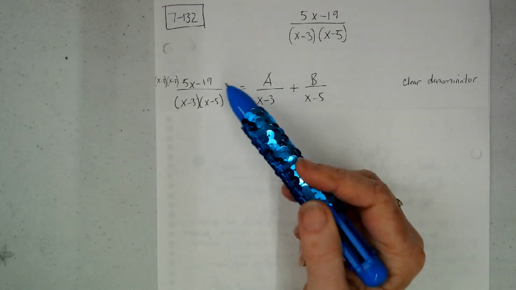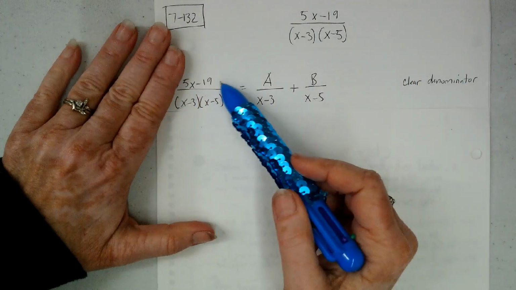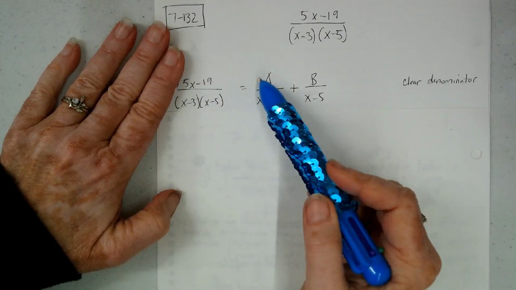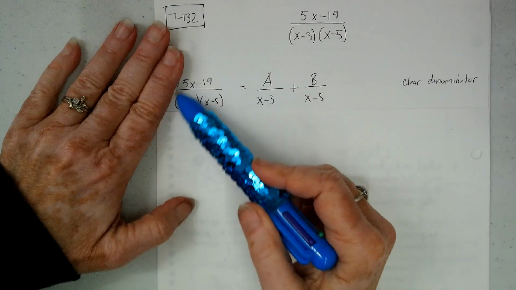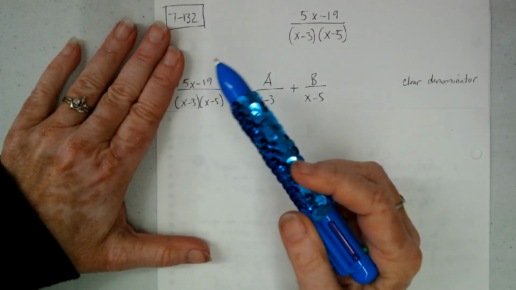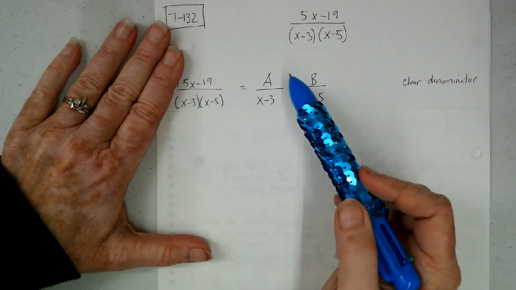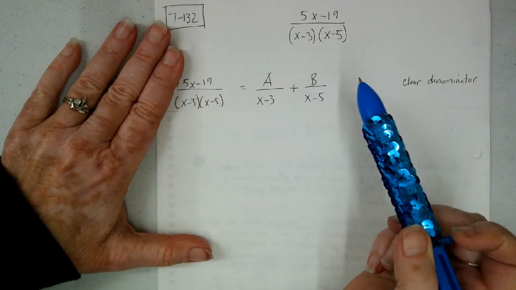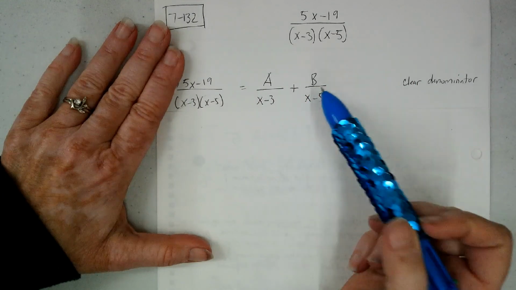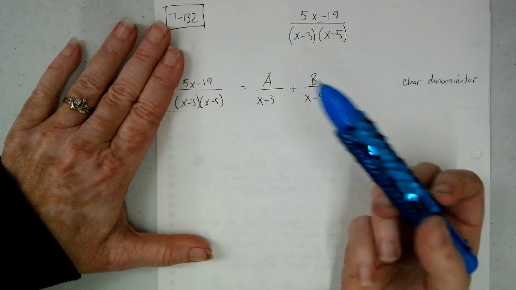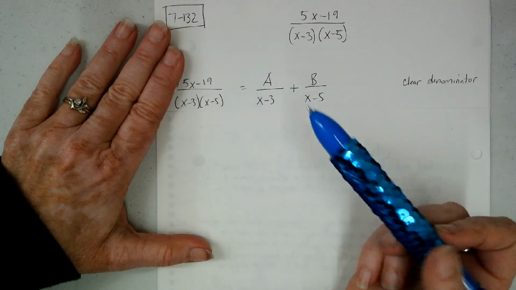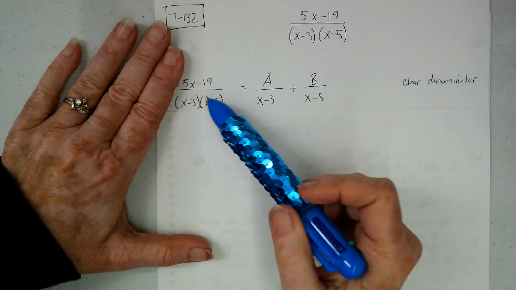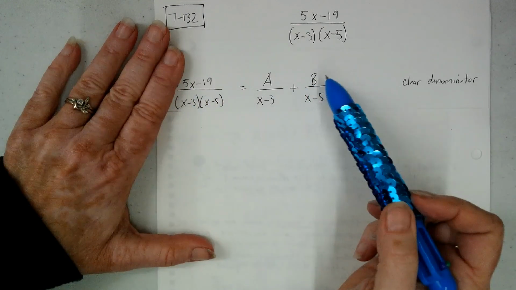So what we do is we write the original fraction and set it equal to our sum of two fractions with the linear denominators. And then we're going to do algebra to figure out what has to be the numerator of the first fraction and what has to be the numerator of the second fraction in order for these two to be equal.